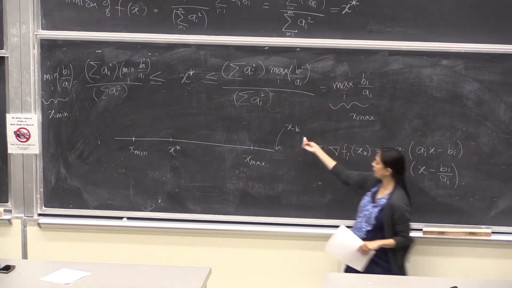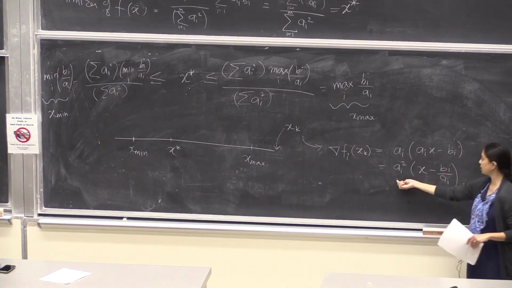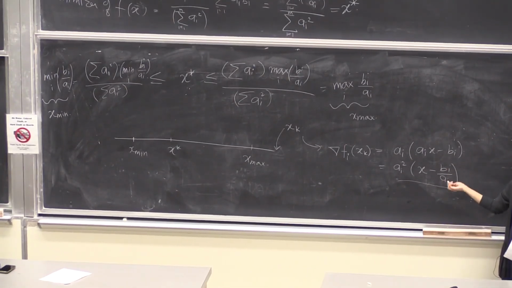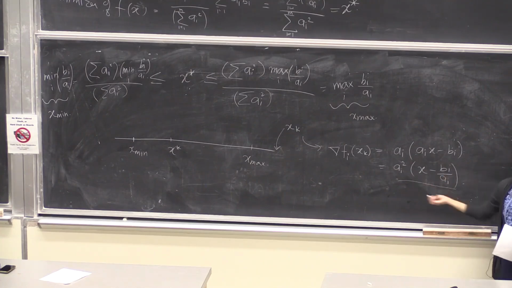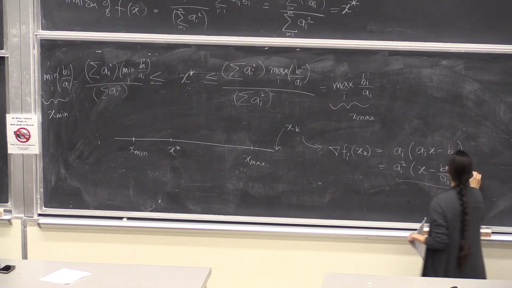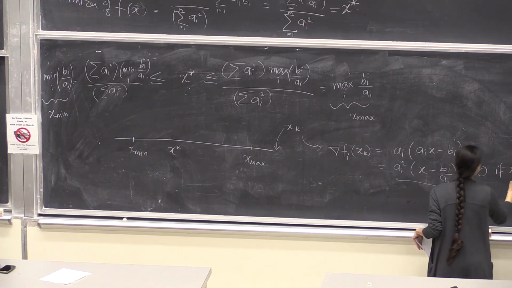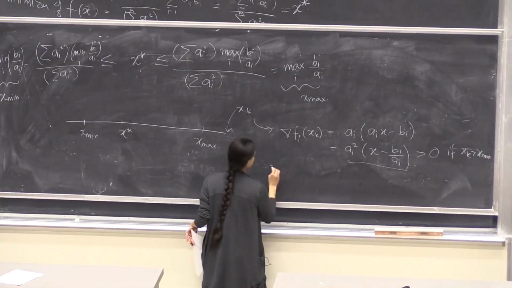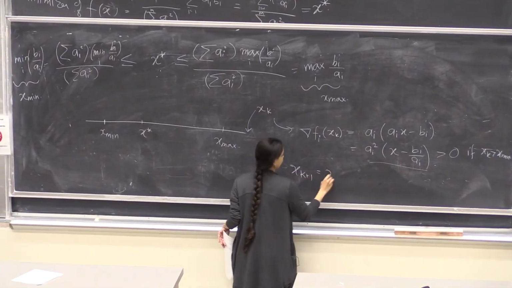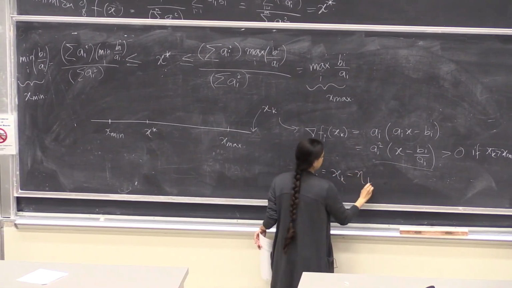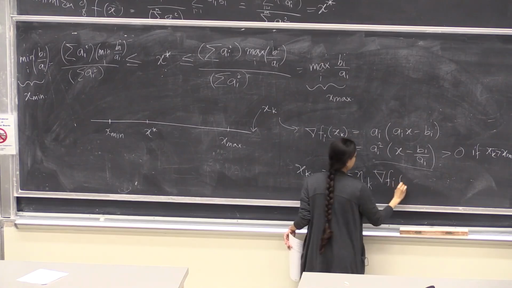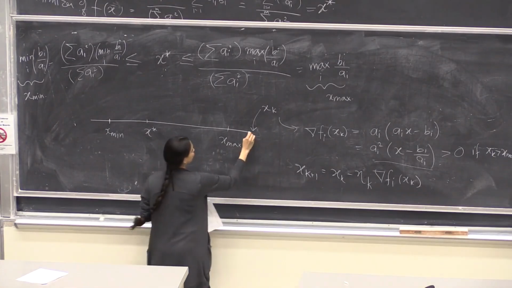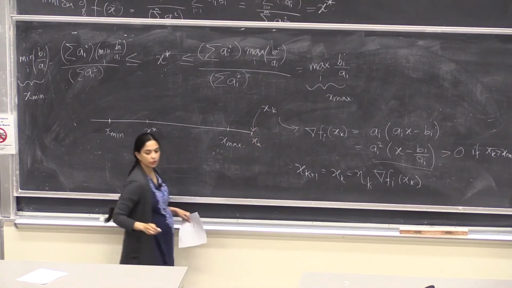When x_k is greater than x max, is this quantity positive or negative? x_k is greater than the largest of the b_i over a_i's, right? So this thing is always greater than 0. So when I do this gradient step, when I move from x_k here, which direction am I going to move in?